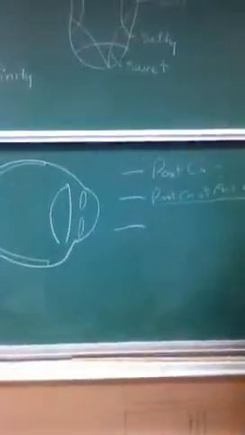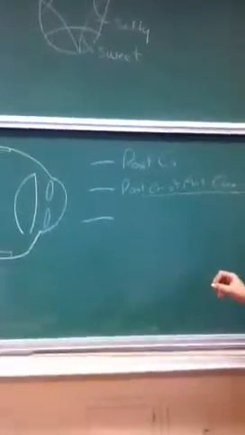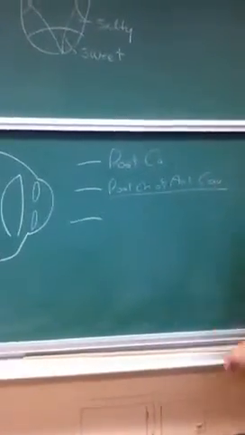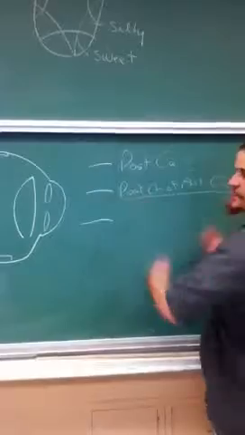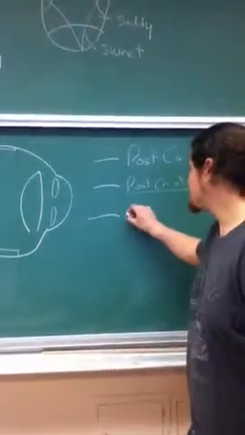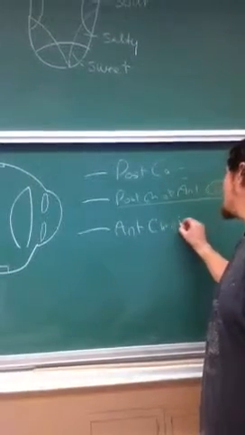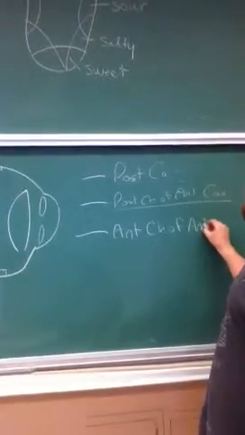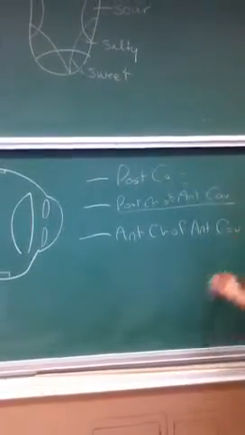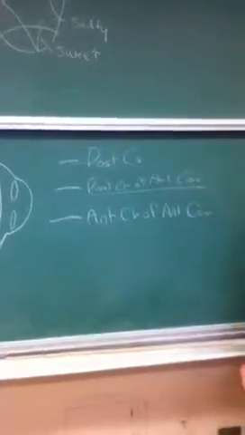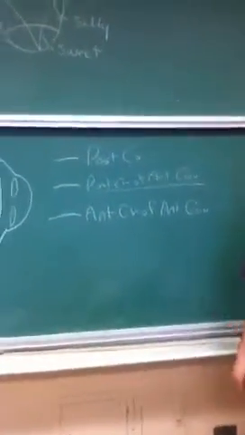I want you to think of that as one name. And then the anterior chamber of the anterior cavity. Also think of that as one name. That helps simplify things.